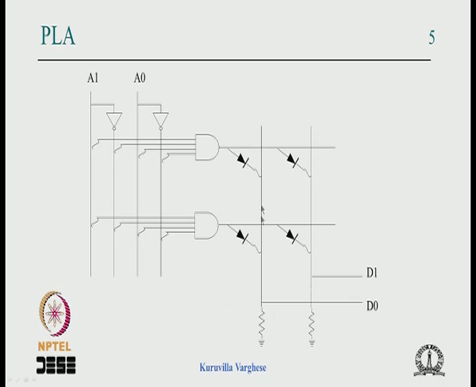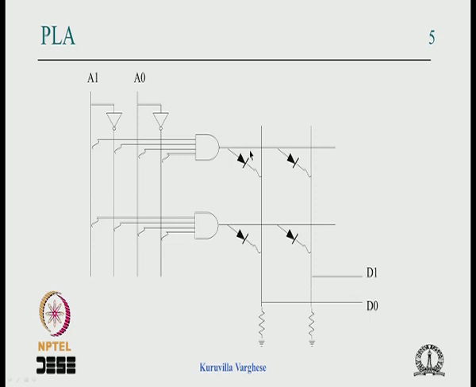Suppose you assume a single output, don't worry about the multiple output scenario. You are able to program whatever product terms you require. The moment you do that, there is less need for a programmable OR. Suppose you are trying to program X XOR Y, or A XOR B, where A is connected here and B is connected here, then we will program A bar B here and A B bar here.